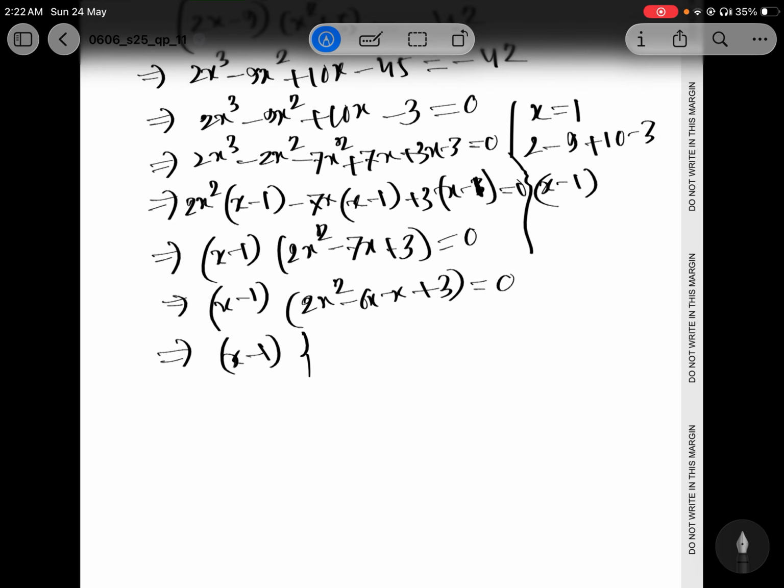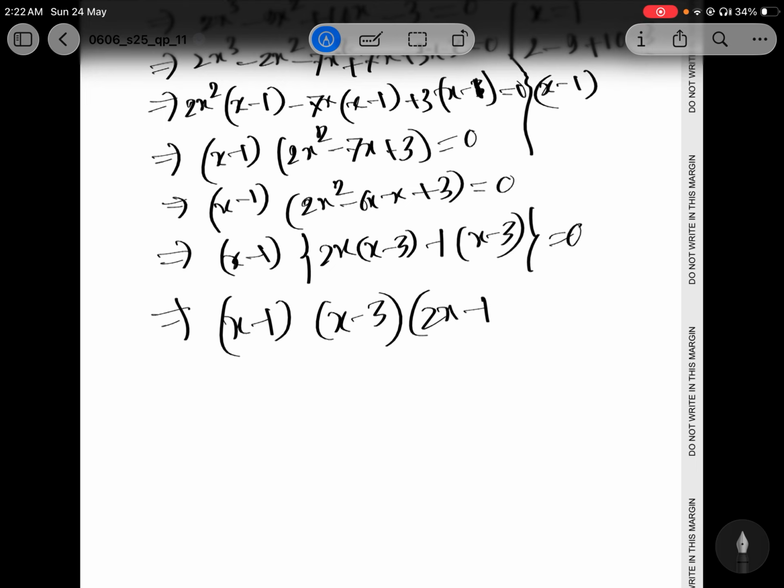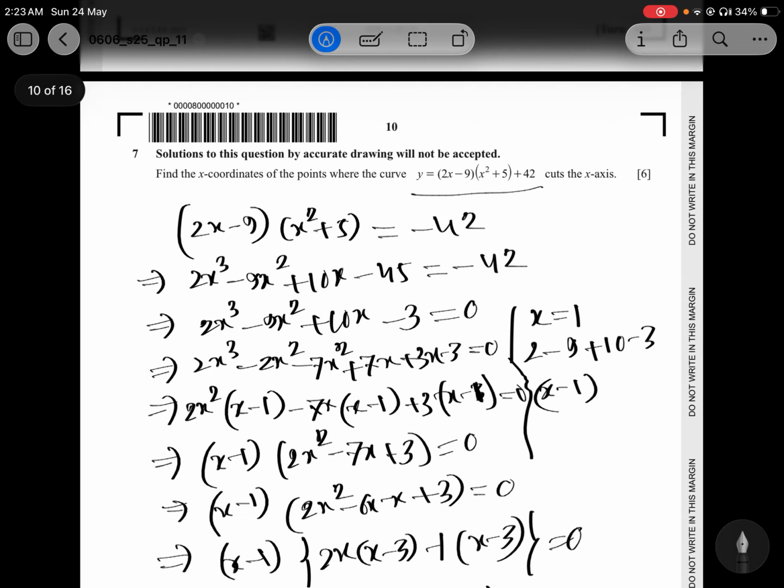So 2x as a common, so x minus 3, and if I take minus 1 as a common, x minus 3 should be our other factor here. So (x minus 1)(x minus 3)(2x minus 1) is 0. So our x should be 1, x should be 3 and x should be 1 by 2. Nice. How many more? 6.